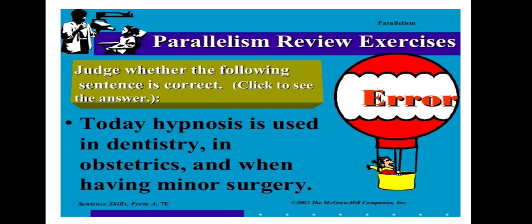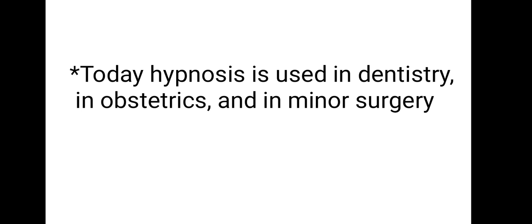Today's hypnosis is used in dentistry and obstetrics and when having minor surgery. When we revise it to parallel structure, this should be the sentence: today hypnosis is used in dentistry and obstetrics and in minor surgery.